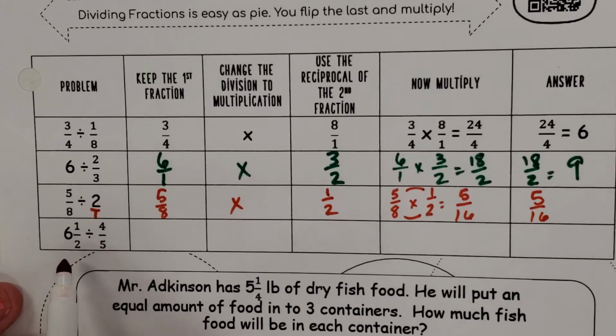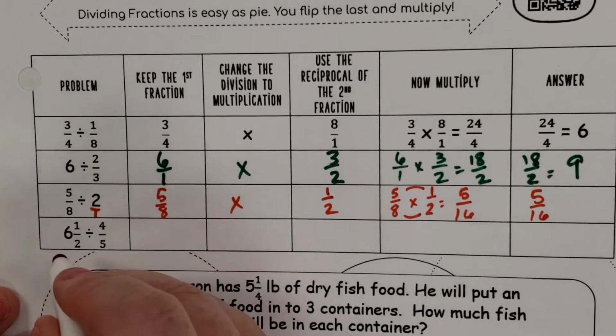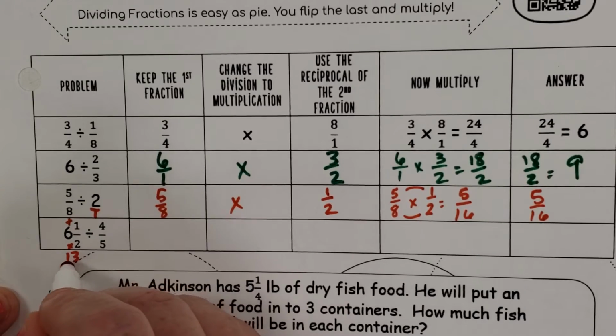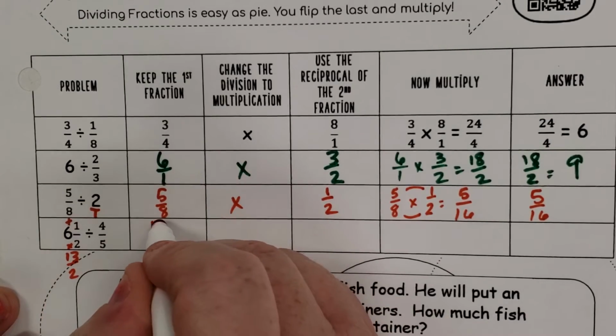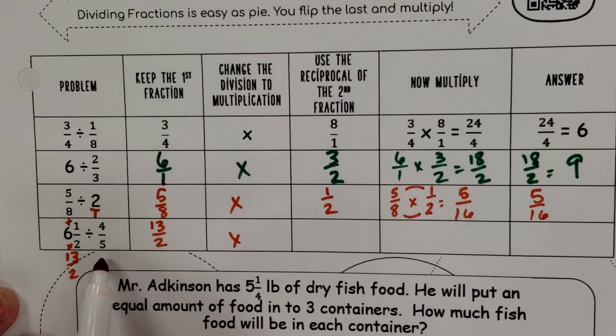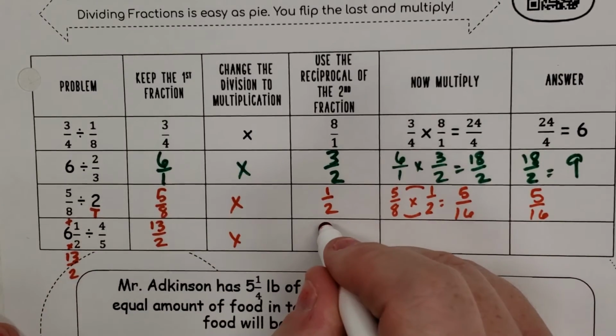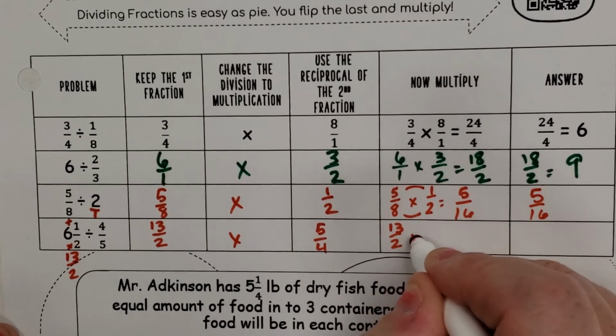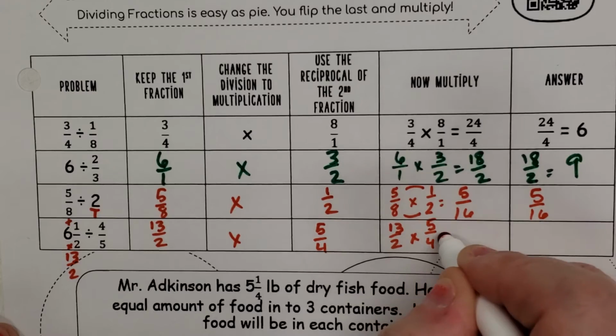All right, this one here is a mixed number. We need to make it improper first. So 6 times 2 is 12, plus 1 is 13. So that one is 13/2. Times, and then I use the reciprocal of this one, which becomes 5/4. So 13/2 times 5/4.